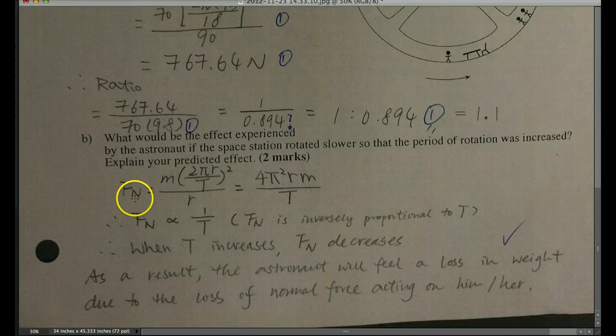In this case, it is the Fn. So when the Fn is reduced, as a result, the astronauts just feel like, oh, there's less pressure pushing on my feet. So basically, he feels himself becoming lighter, or experiences less artificial gravity. Okay.